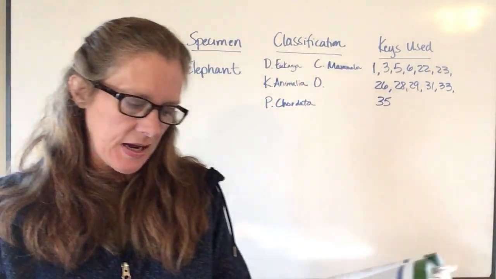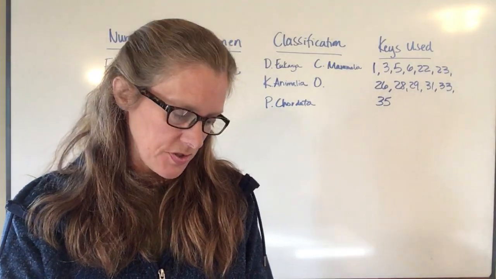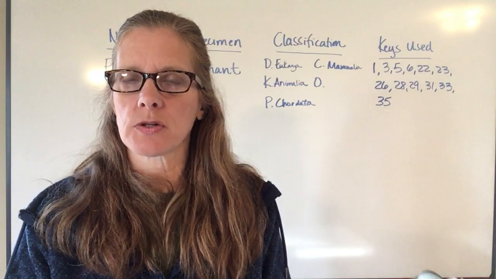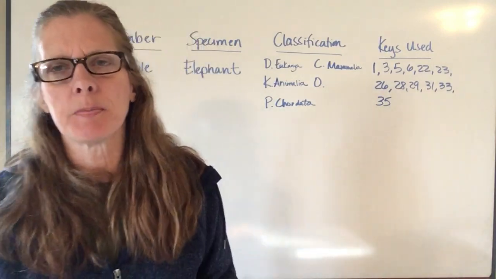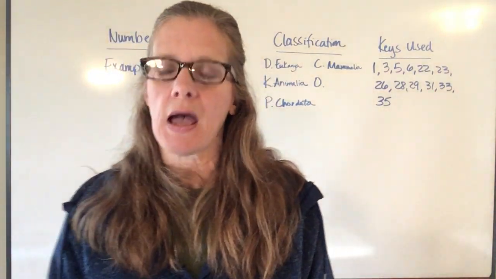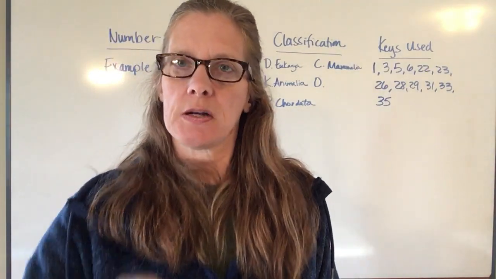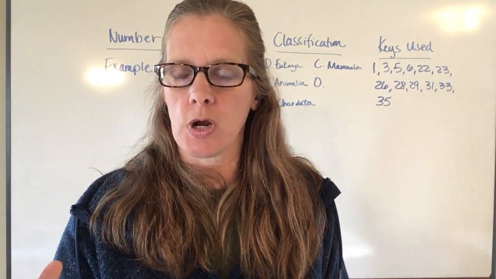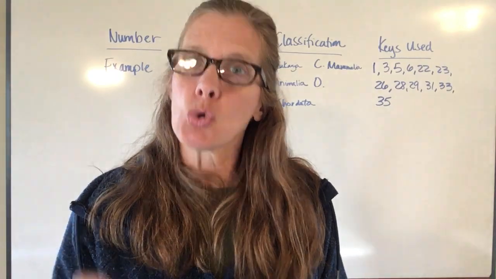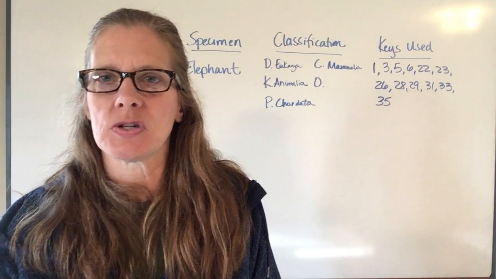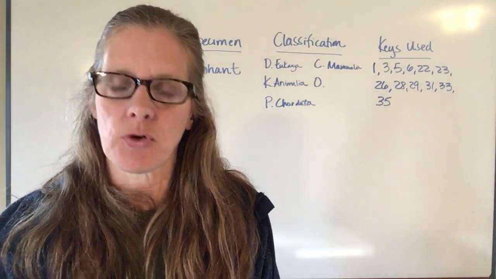Key 35 gives us two options. Does it have an enlarged trunk, or does it tend to stand erect on two hind limbs? Now, if you've ever been to a circus, you may have seen an elephant encouraged to stand up on its hind legs by its trainer, but elephants do not normally do that. We're looking at normal behavior of these creatures, not something that has been trained into them for a circus.